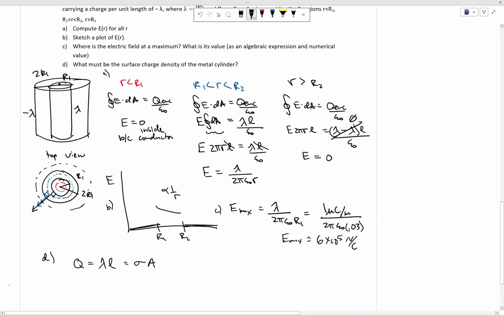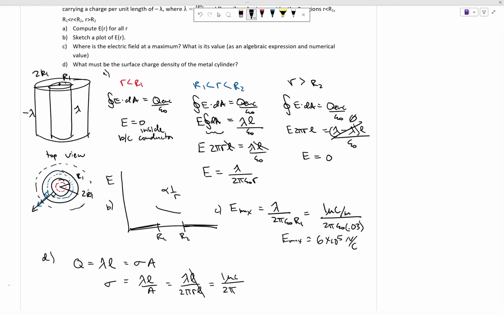So the surface charge density is just going to be lambda L over the area. What is the area for a cylinder? That'll be 2 pi R L. And so notice our factor of L is going to cancel, and we're just going to be left with lambda over 2 pi R.